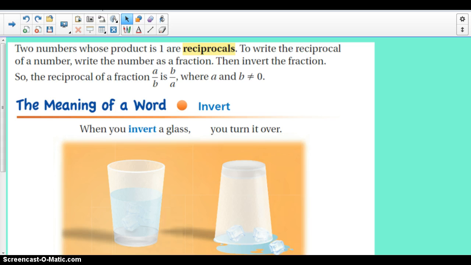Then invert the fraction, so the reciprocal of the fraction A/B is B/A, where A and B do not equal 0. Alright, what I would like you to do is take this information down in your notes. The only thing you need to do is do the first sentence for the meaning of the word reciprocals. So please do that and come back.